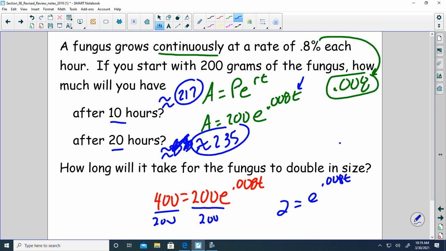Okay? So, question for you. At 10 hours, it went to 217. Is 217 double of 200? No. Is 235 double of 200? No. So I have to plug in a value bigger than 10 or 20.